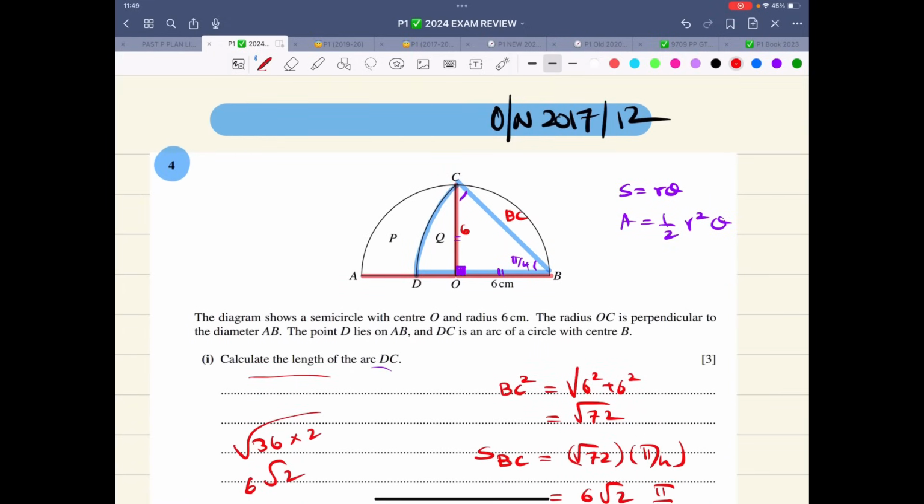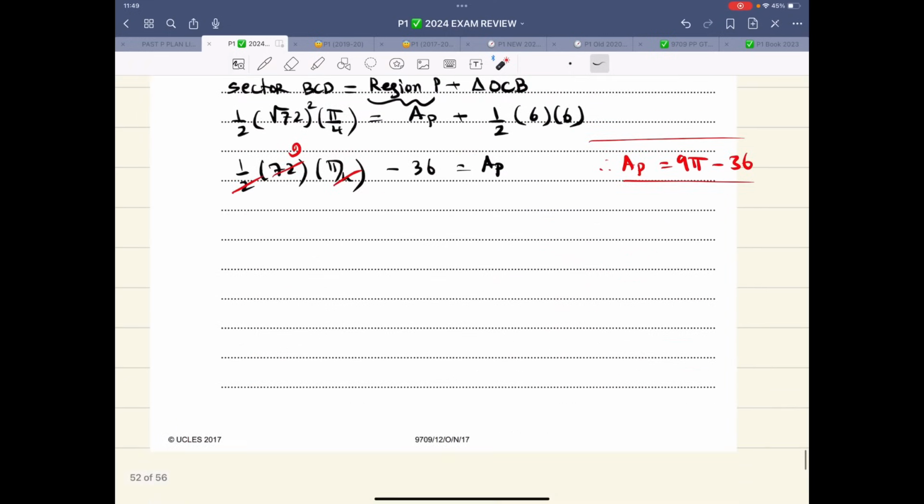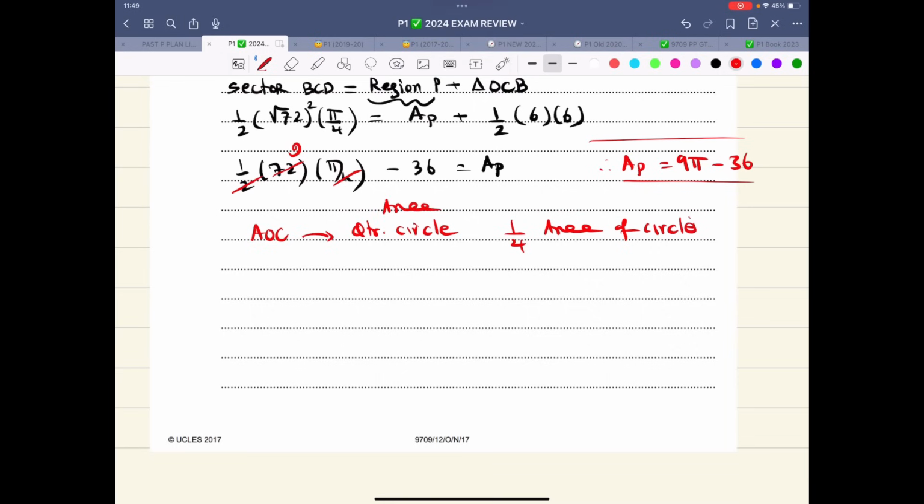Now what else is there? This thing, AOC, is a quarter circle. From the quarter circle, if I subtract P, I'll get Q. So AOC is 1/4 of a circle. If I need the area of the quarter circle, that is 1/4 into pi into r square. 6 square is 36, 36 over 4 is 9 pi.